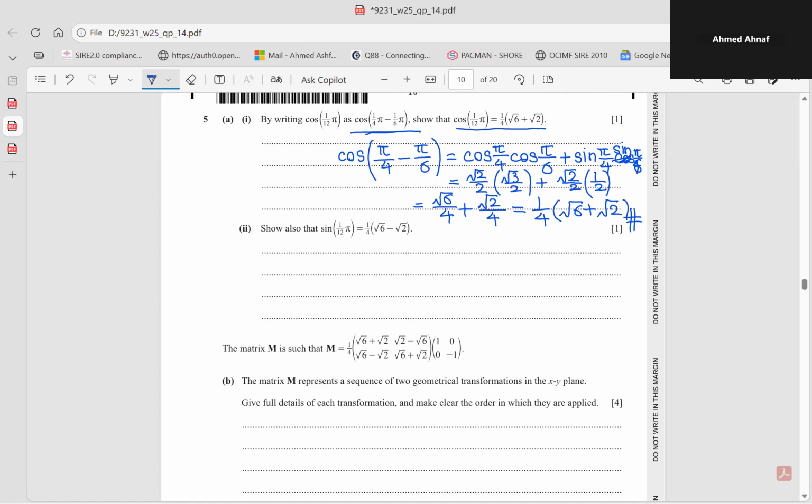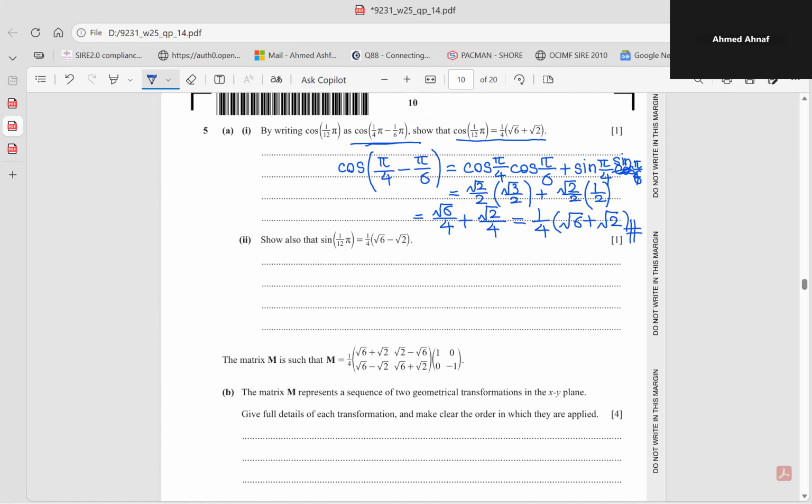Let's do the same for the second part. So sine pi over 12. We're going to use the same technique. So sine of pi over 4 minus pi over 6.